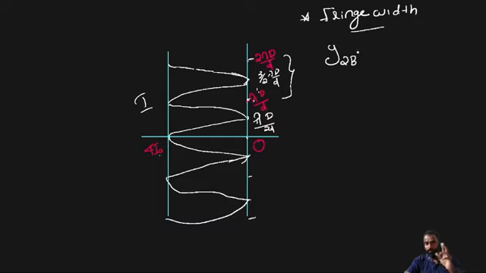I am writing: position of second bright minus position of first bright. What will be the value? 2 lambda D by d minus lambda D by d. It is obviously lambda D by d.